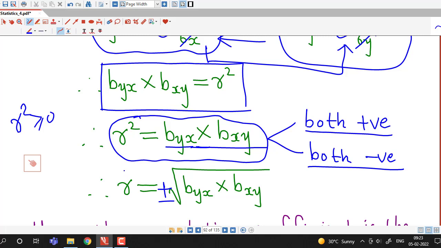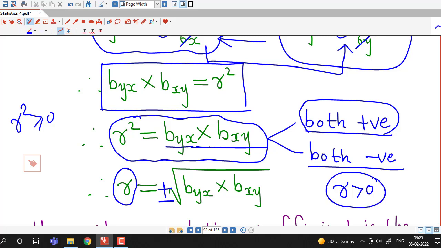Now the problem is which sign we have to take for the coefficient of correlation. We will remember that if both regression coefficients are positive, we consider the correlation coefficient as positive, that is, the positive square root. And if both regression coefficients are negative, we consider the coefficient of correlation as negative.